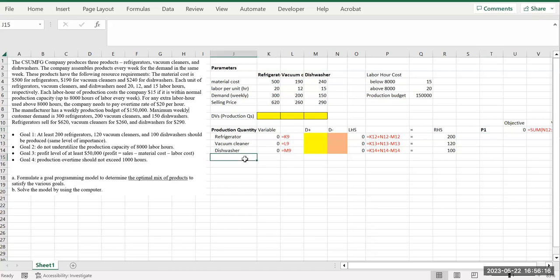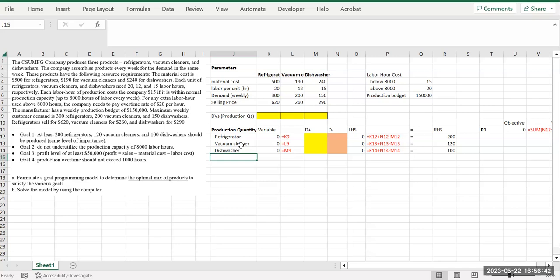So I'm going to write down a production labor hour constraint just to measure the deviation from that, going under or going above, which would measure the amount of underutilization or overutilization of the production capacity of labor hours. And then we can define the second goal on the amount of underutilization.